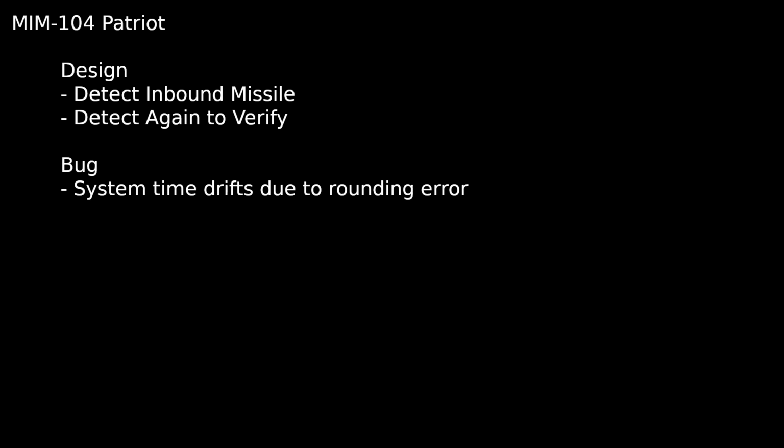The error was caused by an inaccurate calculation of the time since boot. The time, in tenths of a second, was measured by the system's internal clock and multiplied by 1/10 to produce the time in seconds. This calculation was performed using a 24-bit fixed point register. Unfortunately, the use of this register as part of the calculation resulted in the time being incorrectly rounded as a portion of the fraction was truncated.